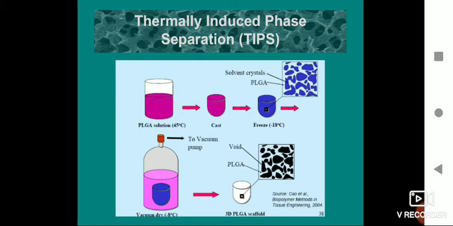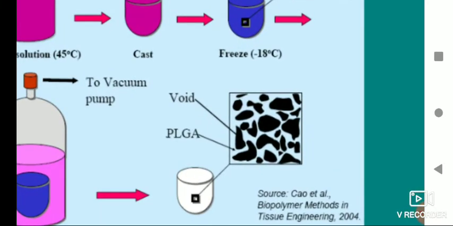After this, under vacuum, when you dry this entire solid which is formed, the crystals of the solvent are totally removed, leaving behind only the PLGA, and wherever the solvent crystals were present, there you will find voids. Void is nothing but gaps.